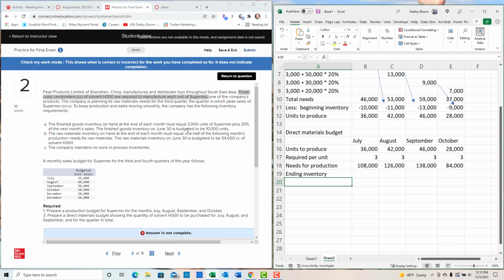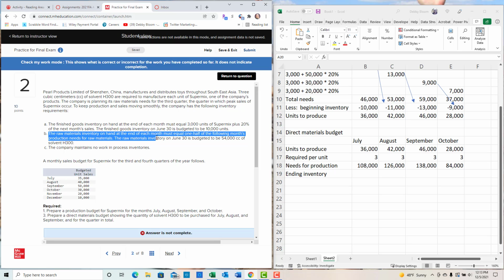So we're told in Part B, the raw materials inventory on hand at the end of each month must equal 1/2 of the following month's production needs. So for July, the following month is August. For August, we need 126,000 units. So at the end of July, we need half of that amount.